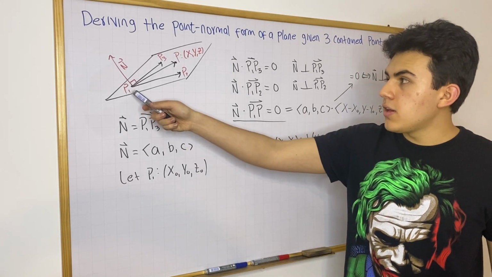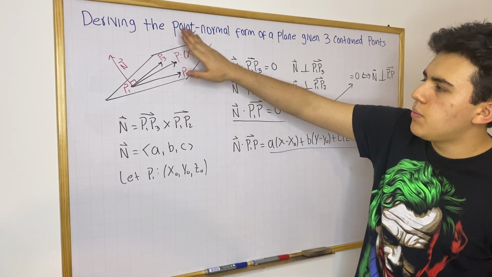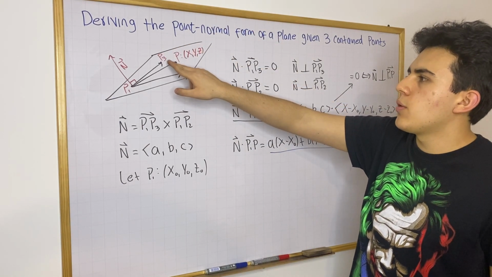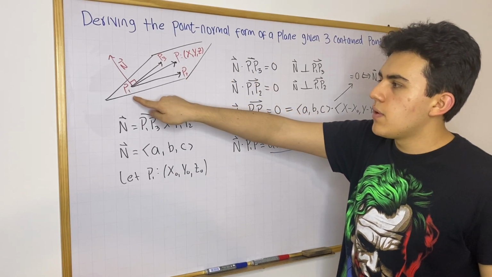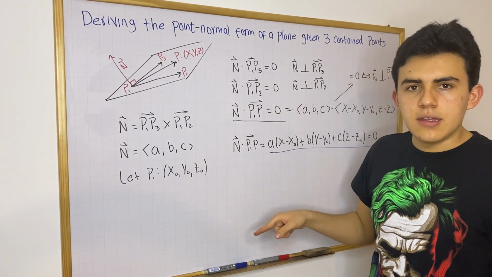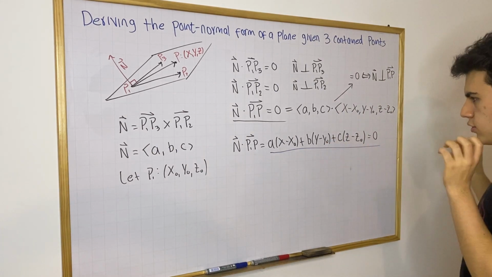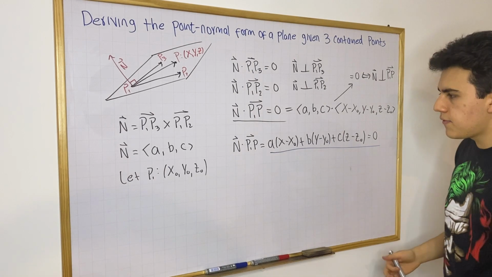So really P1 here can be anywhere. You don't have to think about P3 and P2 as long as you are given P1 and A, B, and C, okay? Because then you can just simply plug those values into this formula and you will have a plane.